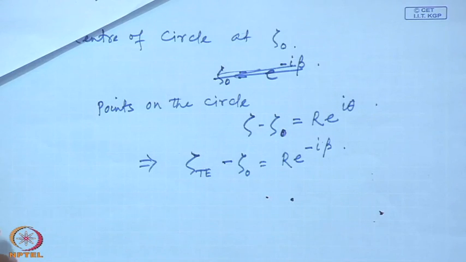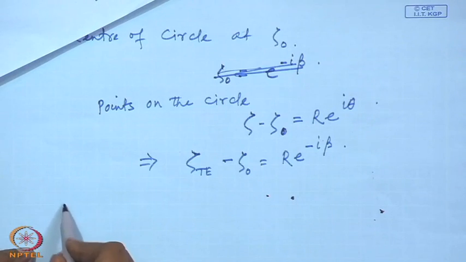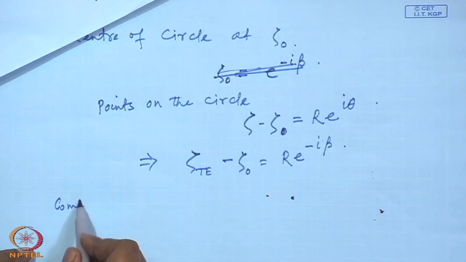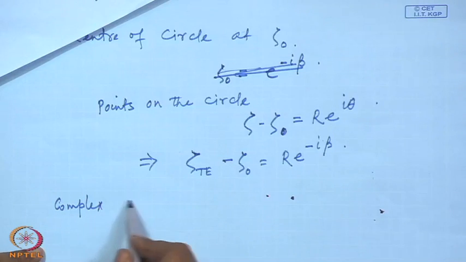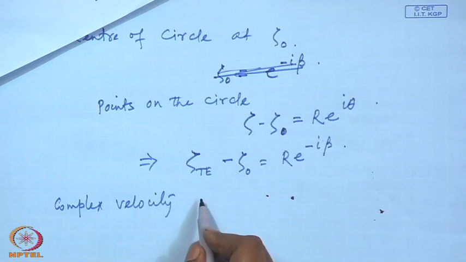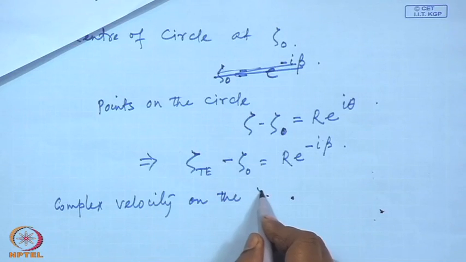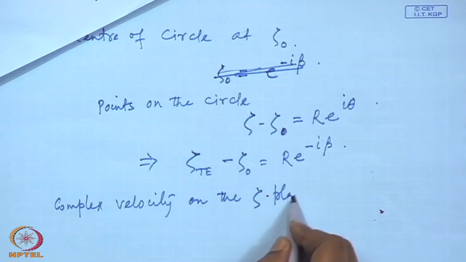Now, if we look back to that expression for the complex velocity on the circle plane, or zeta plane.